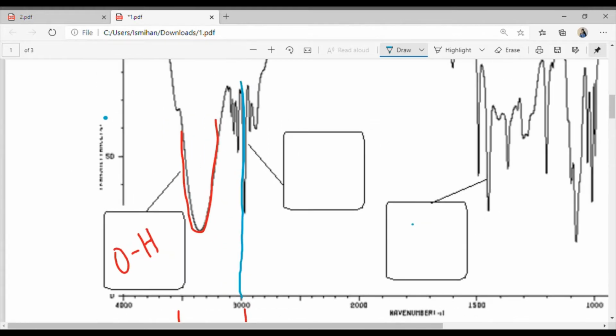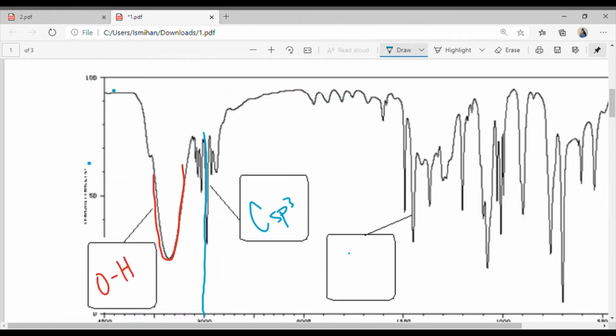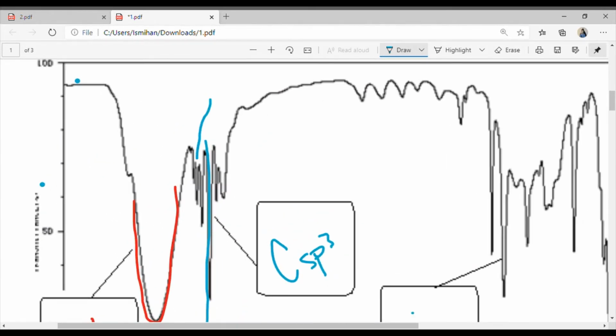Anything on the right of the 3,000 is going to be an sp3 hybridized C bond, so it'll be an alkane. And then to the left of that 3,000, about here, we'd see an sp2 hybridized carbon. And even more to the left, over here, we'd see an sp alkyne.